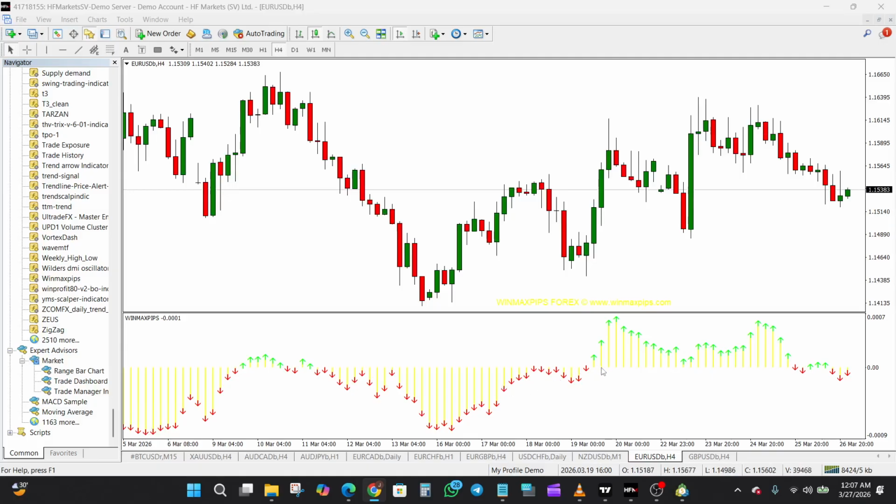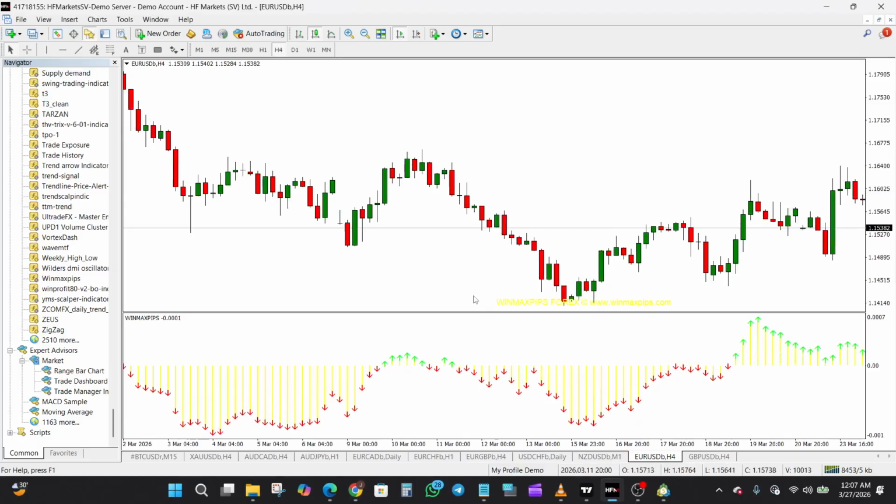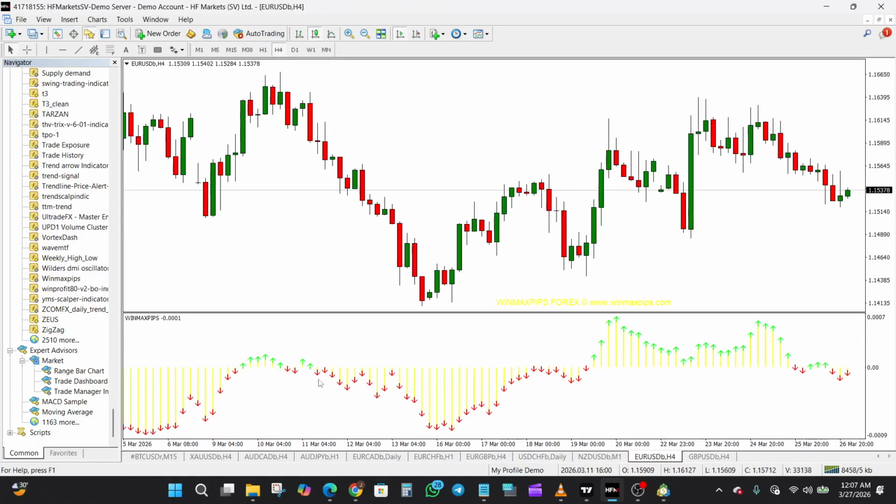So when the vertical lines are above the zero level with the positive arrow, which is the upward green arrow at the tip of it, it shows buy signal and bullish momentum. Then when you have the vertical lines below the zero level and the downward red arrow at the tip of it beneath, it shows bearish momentum. So you just want to look out for a sell signal when you have the sell indication appear.